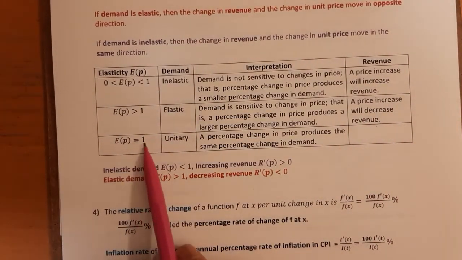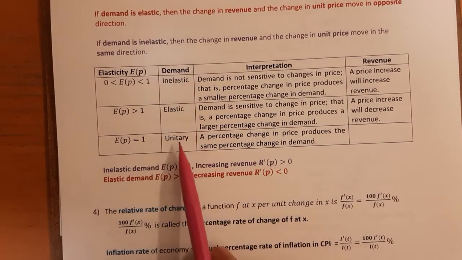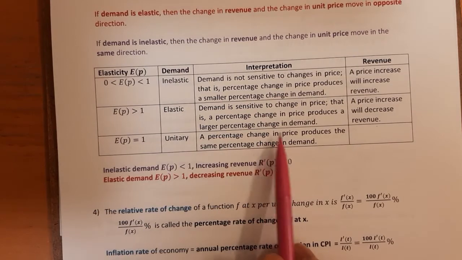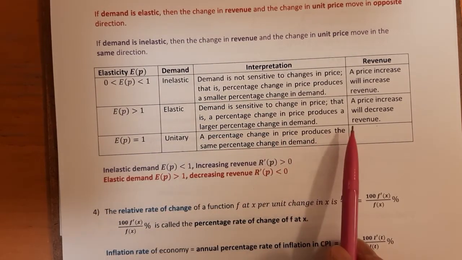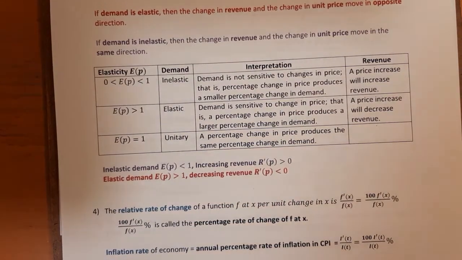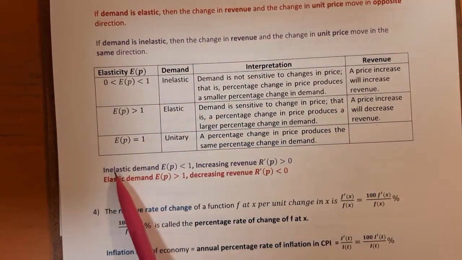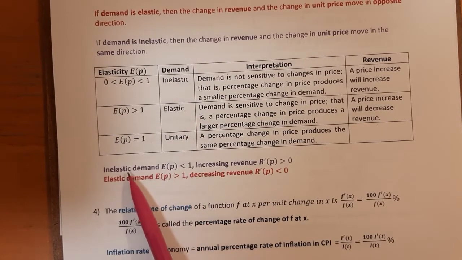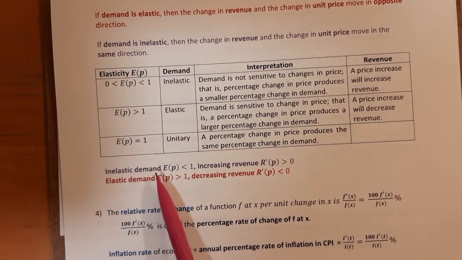Then E(p) equal to 1, the demand is unitary, and a percentage change in price produces the same percentage change in demand.